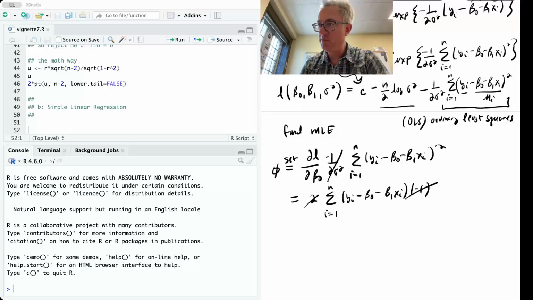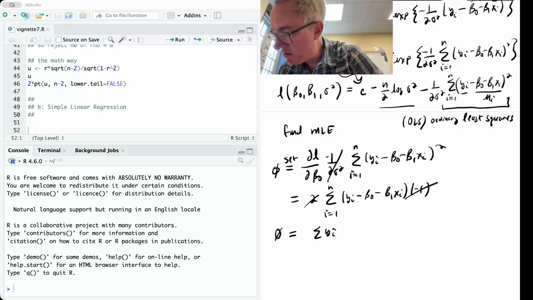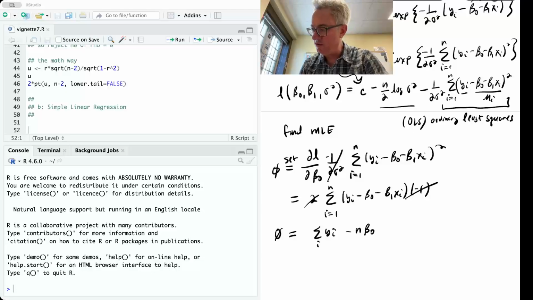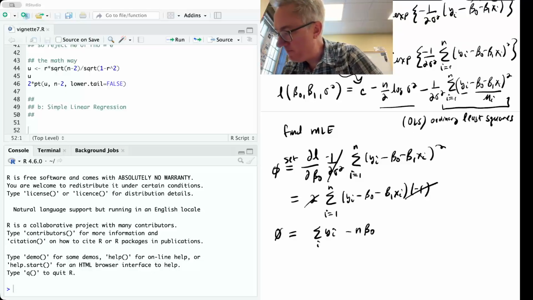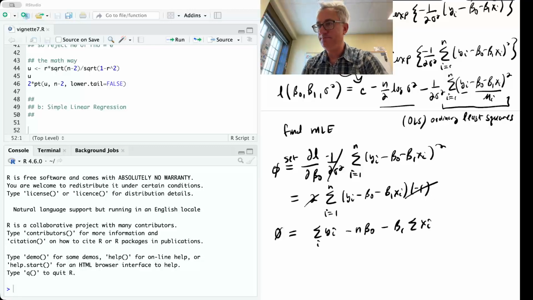So what I need to solve here by distributing through the sum, I'm going to have a sum of y i's, and I'm going to have n copies of beta naught, because there's no i in that. So when I distribute the sum through, I get n of them. And then I get minus beta 1 sum of the x i's.